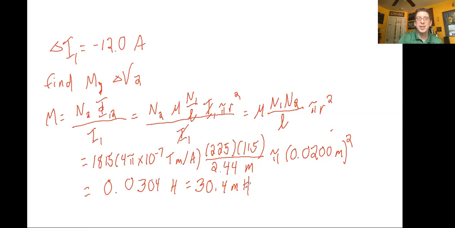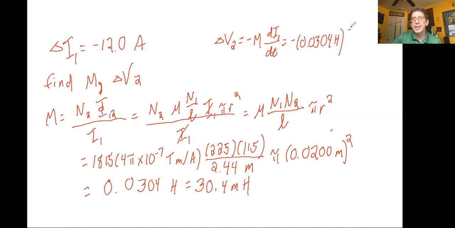So that's M. And so the last thing you want is delta V2. So delta V2 is equal to negative M times dI1 over dt. And so that's negative M, and we know what M is. So it's negative 0.0304 henries, multiplied by dI1, so that's negative 12.0 amperes.